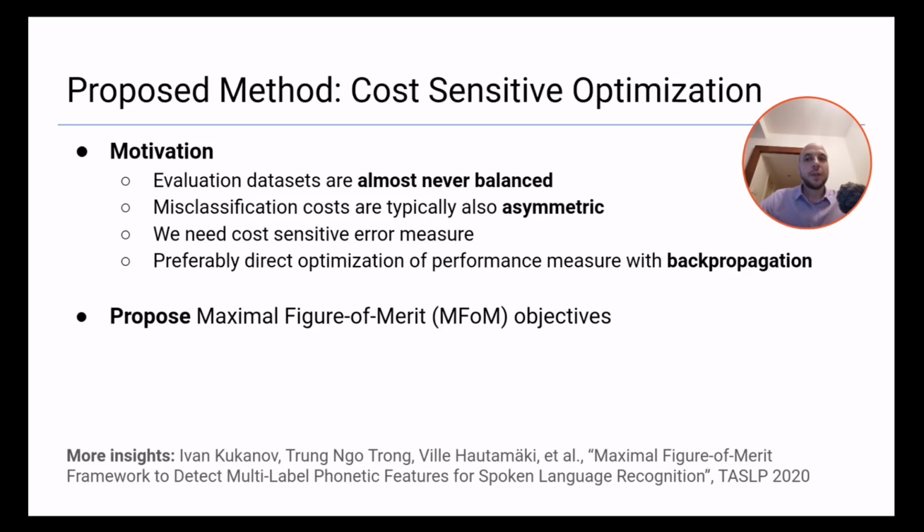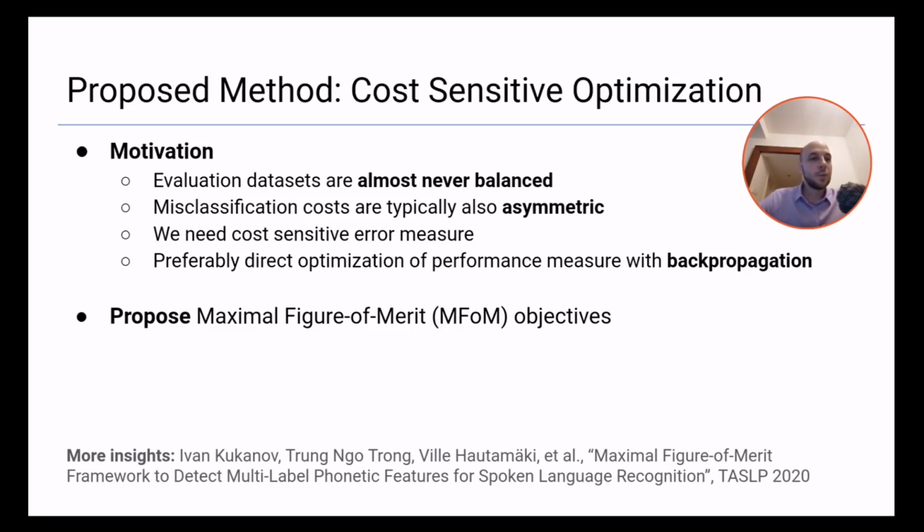As you know, in practice, evaluation datasets are almost never balanced. The number of real samples and fake samples are disbalanced, and misclassification costs are typically asymmetric. It means that the cost of errors on real samples and fake samples are disproportional, and during the optimization we need to take into account cost sensitivity of error measures.